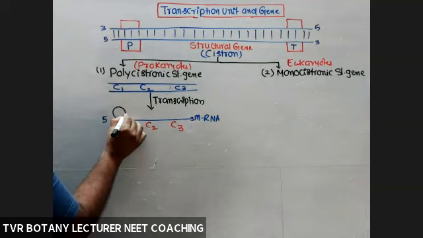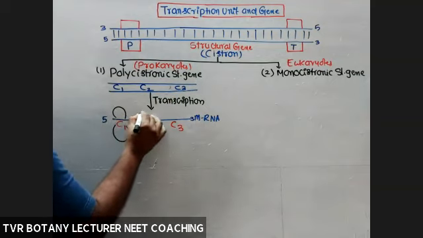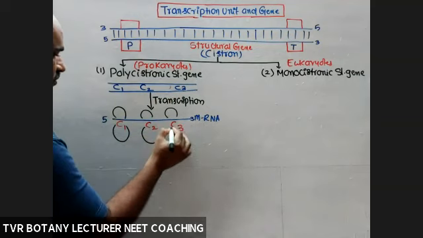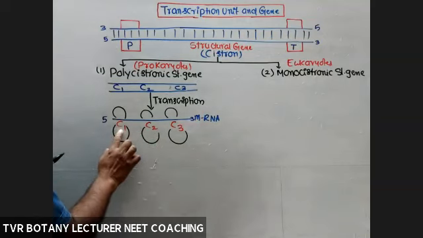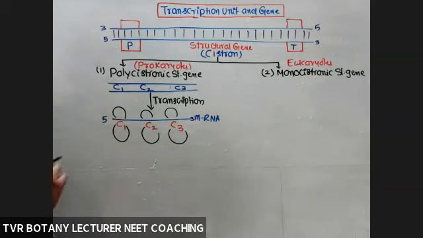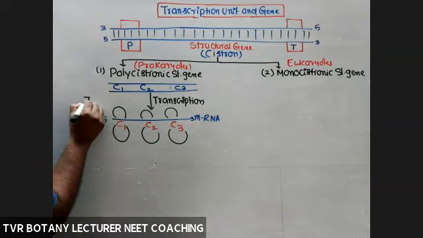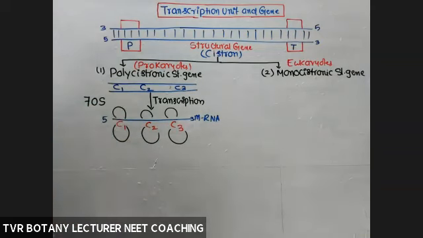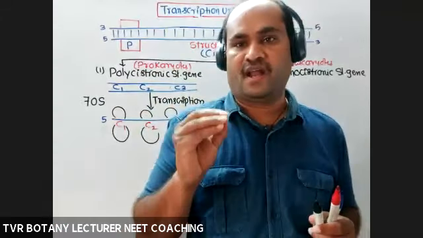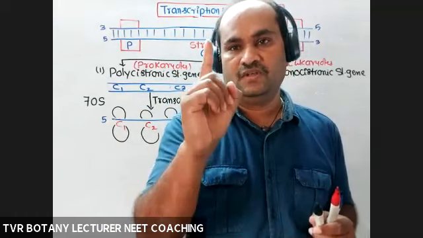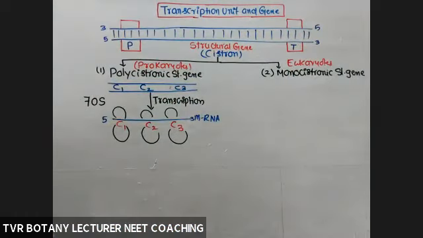Now, attachment of ribosomes. How many ribosomes? 1, 2, 3, equal to the number of cistrons. How many cistrons here? 1, 2, 3. And what are these? 70S ribosomes, only 70S. Go back to the first year textbook definition of polysome. What is a polysome? Attachment of a number of ribosomes to one mRNA is called a polysome or polyribosome.